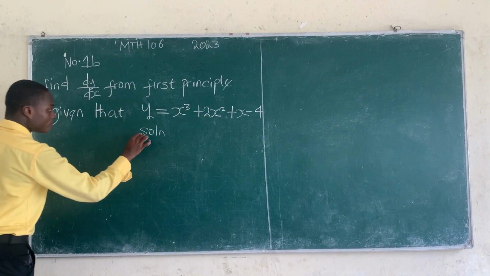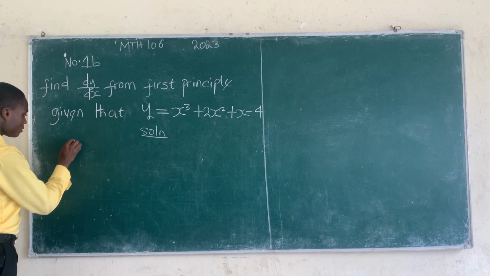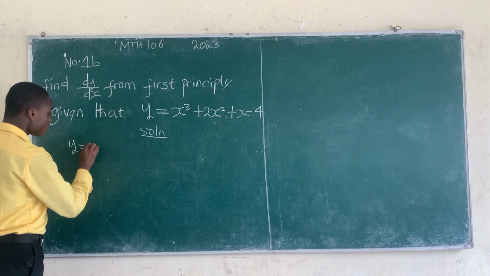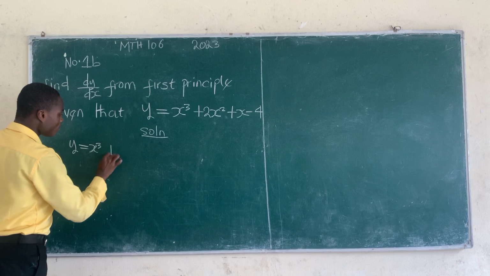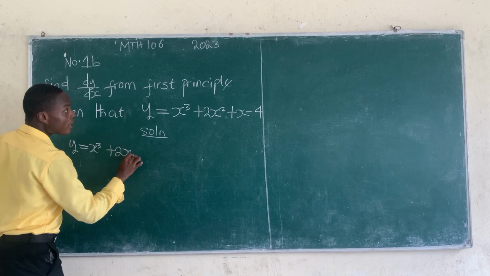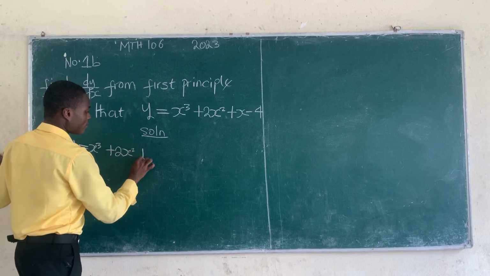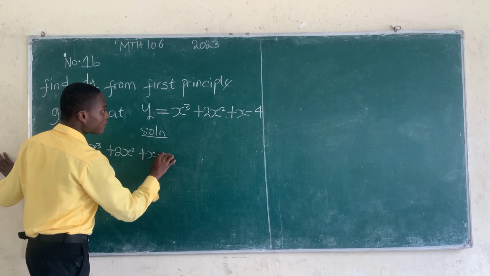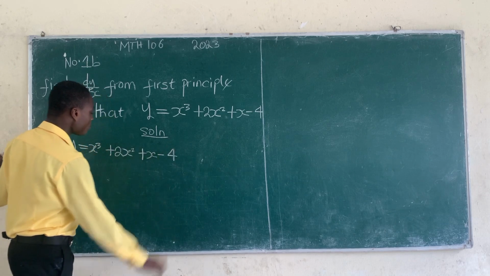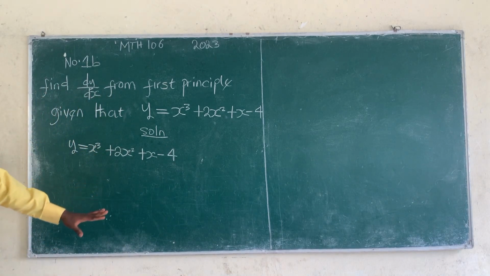So we have y equal to x cubed plus 2x squared plus x minus 4. And we have to solve this using the first principle.